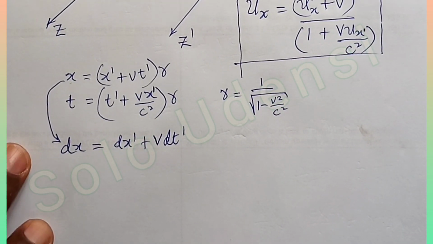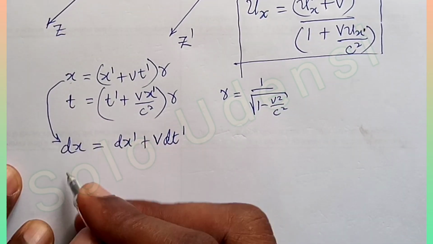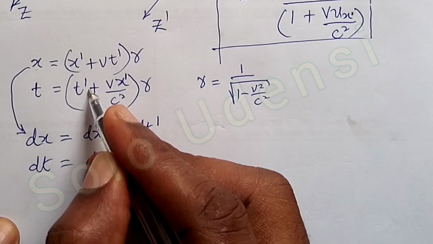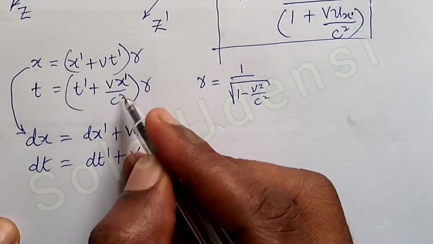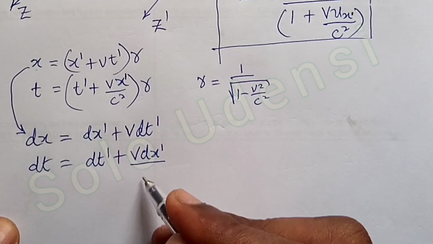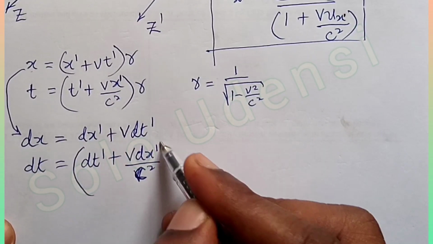We now have dt equals gamma times (dt prime plus v dx prime over c squared), where v is constant.